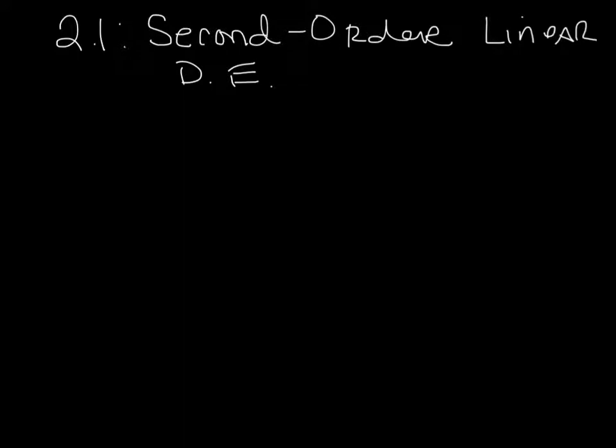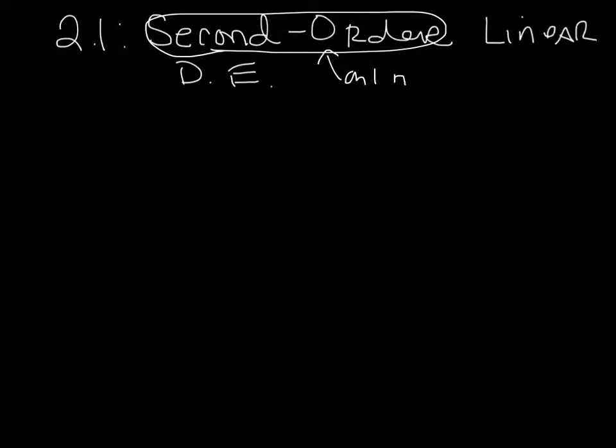Before, in chapter 1, the order was 1, but now in chapter 2 and so forth, it could be greater than 1, so it could be 2, 3, 4, 5, 6, and so forth. So here's our second order, and we've already talked about what linear means in differential equations.